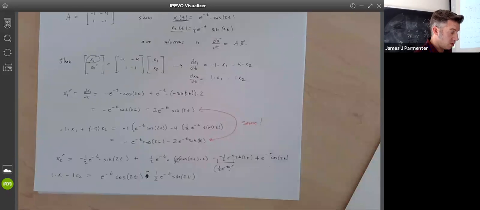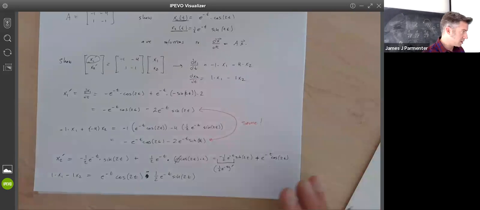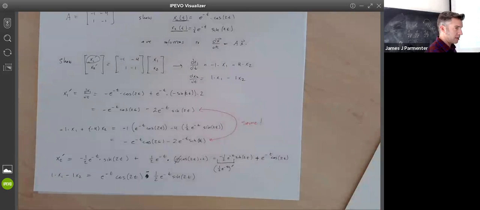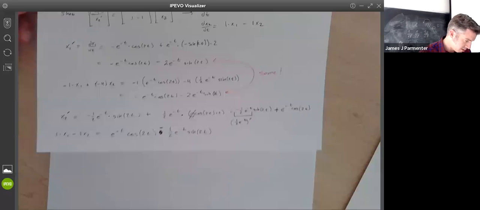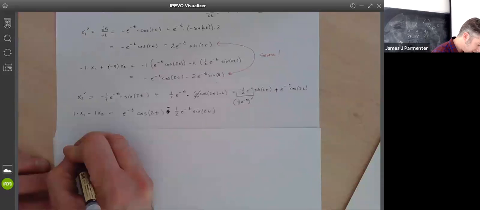Cool. Okay. Let's look at one more just because the next one has a slightly extra piece we have to check as well. So let's look at the following one. This is 10.2 number 6.